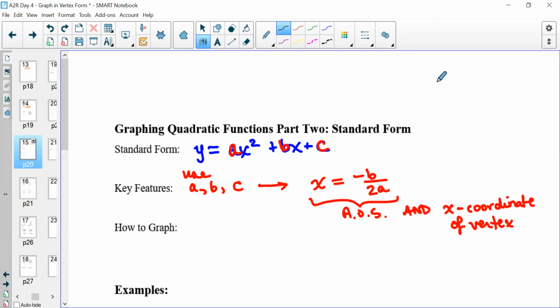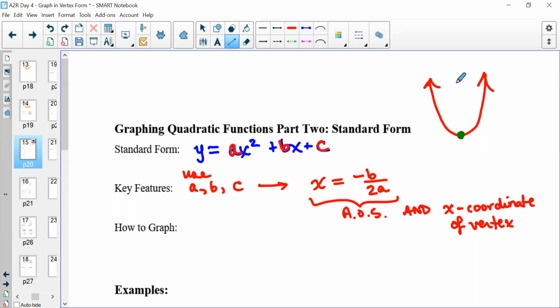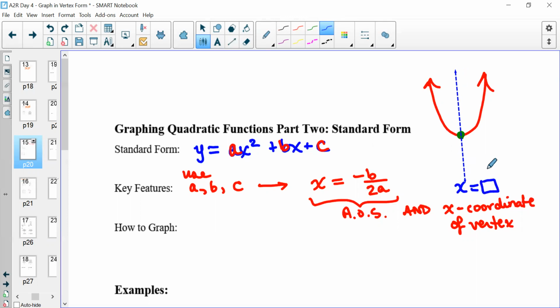So if you remember in a parabola, whether that parabola opens up or down, wherever the vertex is, there's always going to be an axis of symmetry that goes through it. And whatever the x coordinate of the vertex is, that is what the x value is right there in the axis of symmetry equation. So we're going to start by finding the axis of symmetry.